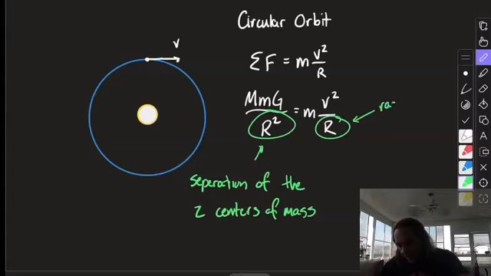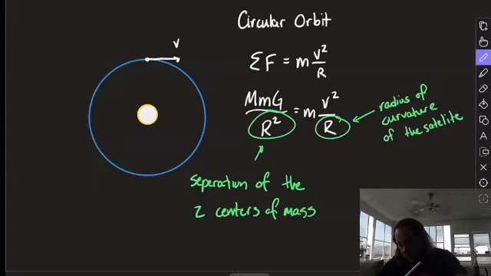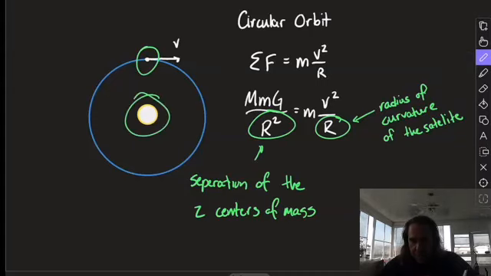This is the radius of curvature in this case of the satellite. I'm bringing this up because they're only the same number if this object is very small compared to this object, meaning the mass of the satellite has to be much smaller than the mass at the center.